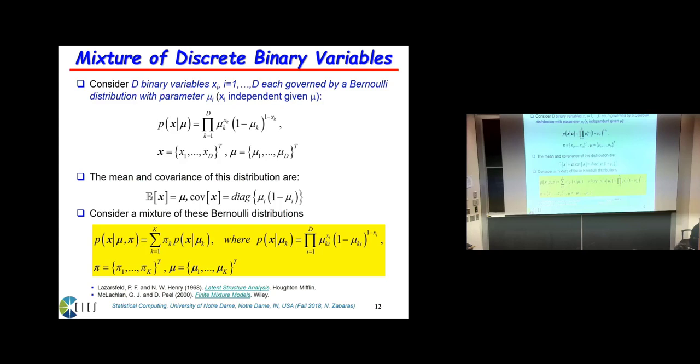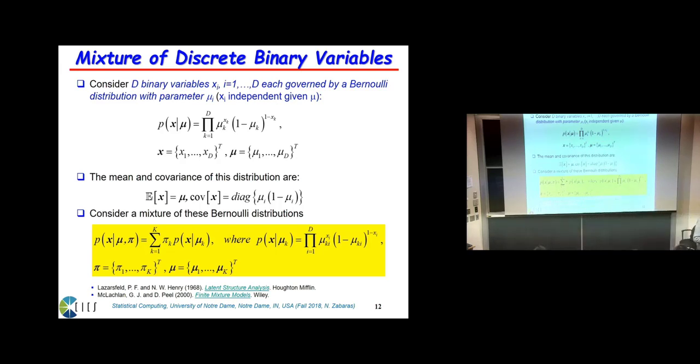And you can show this is a generalization of the Bernoulli distribution. The mean of this distribution is mu. Okay? And the covariance is the diagonal of mu i times 1 minus mu i. And actually, I want you to remember that for this distribution here, there is no correlation.